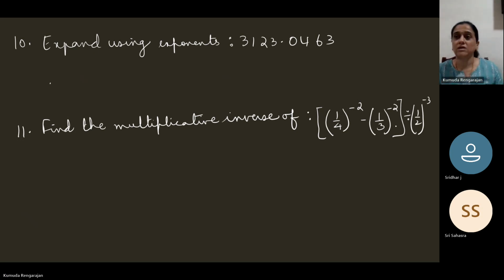Power minus 3. Let me write it below neatly. Find the multiplicative inverse of 1 by 4. Here the power is minus 3. I think you cannot read that, right?